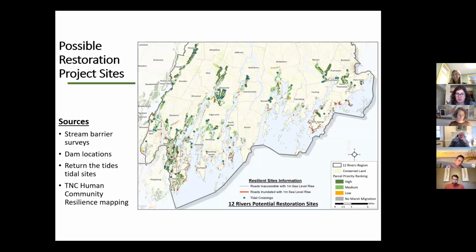All right, we've got this whole array of potential investments for improving hydrologic connectivity, improving condition of our existing tidal complexes.